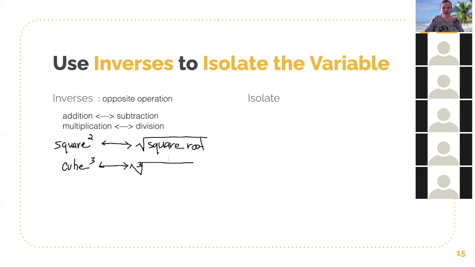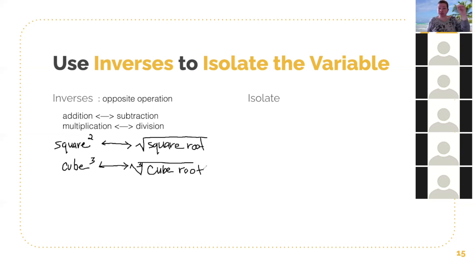So don't you freak out if you see that little 3. That just means I want the opposite of cubing instead of the opposite of squaring. The opposite of cube is cube root. Again, if you're a newbie, you can walk away today with just add, subtract, multiply, divide is fine. But if you've been around for a while, let's up our game to a high school level with looking at some opposites of some more complex operations.